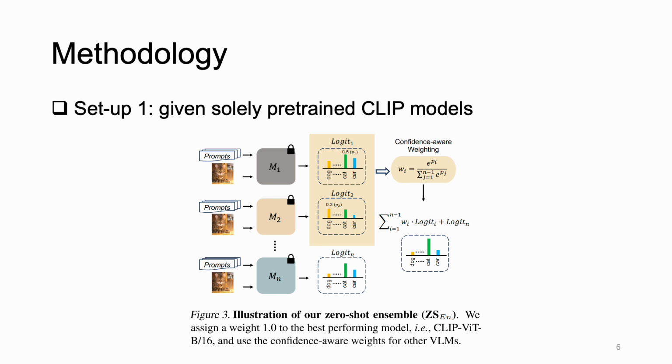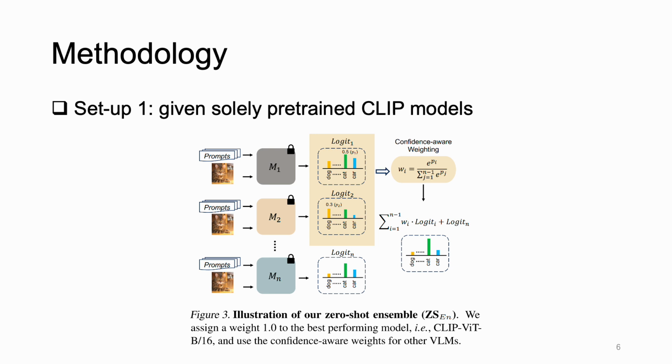This value can be regarded as the weight for each logit, and then we can use this value to weight the different logits to get the final one. Especially, we found that if we already know the best performing model, for example in our scenario the CLIP ViT-B/16, we can assign it a higher weight.